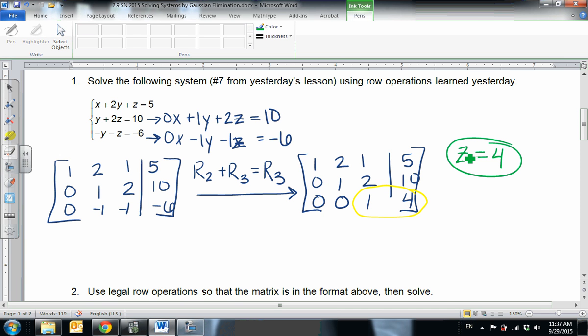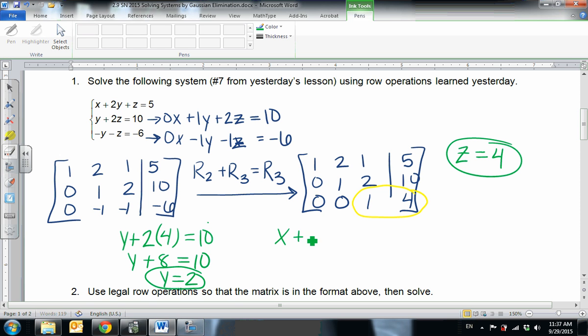So once we know z equals 4, what can we find pretty easily? Y. Pick either of your second equations that just have y and z. Okay? We've got y plus 2z, so y plus 2 times 4 equals 10. So y plus 8 equals 10, so y equals 2. Then we've got z and y, so plug that into our original.